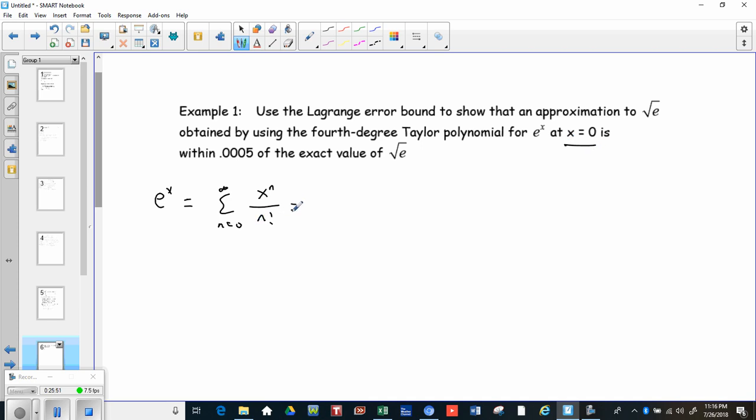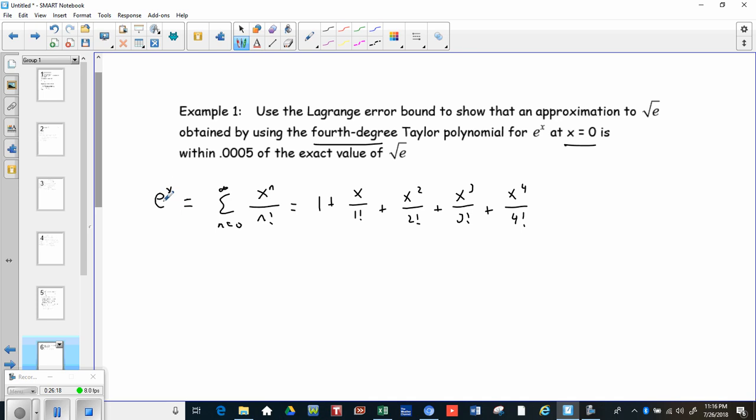And if we write out the first so many terms of this, it would be 1 plus x over 1 factorial plus x squared over 2 factorial plus x cubed over 3 factorial plus x to the fourth over 4 factorial, and that's all the further we need to go because we're talking about a fourth degree Taylor polynomial.